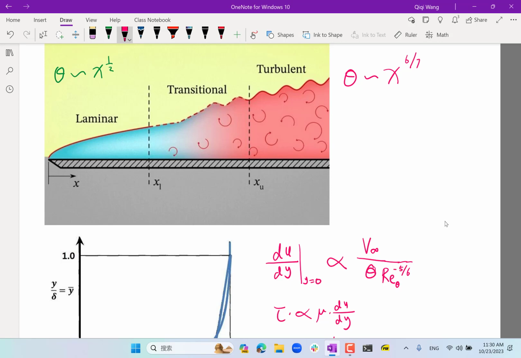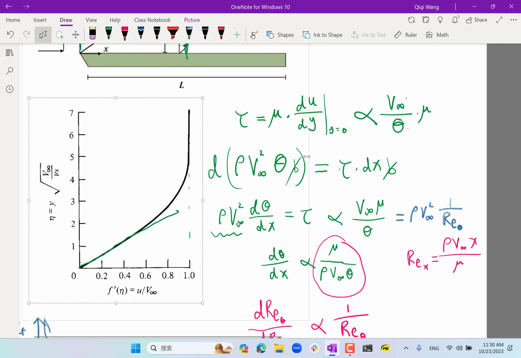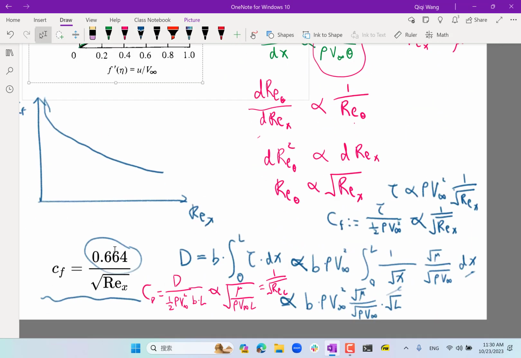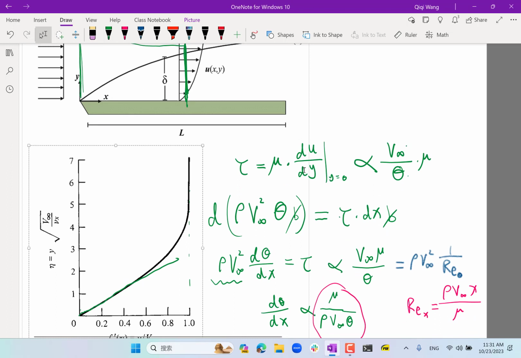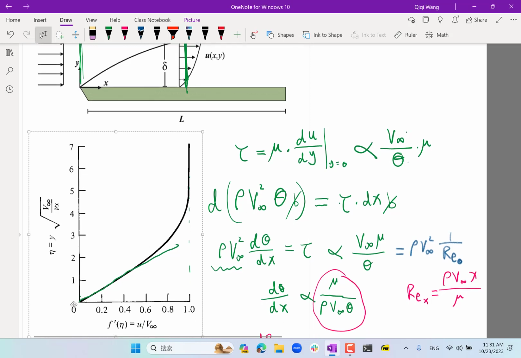Yes? Two questions. The first one, where do you get the proportionality constant for this one? I didn't follow the math here, but the constant would first of all go into here, the du/dy being a constant times V infinity over theta, and that constant is exactly from the Blasius solution.